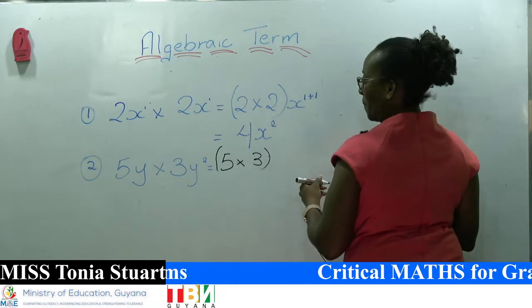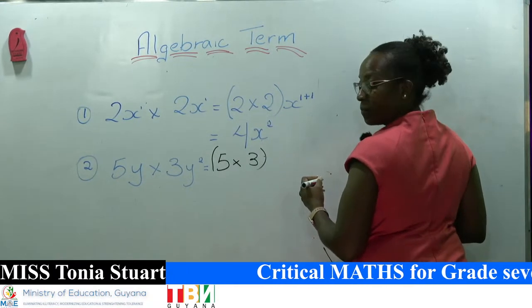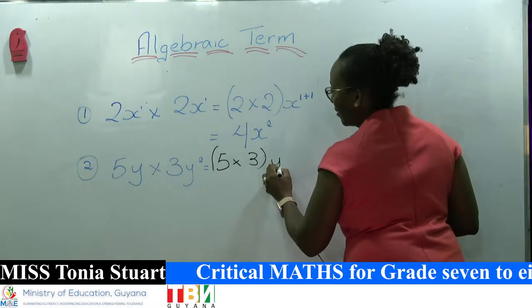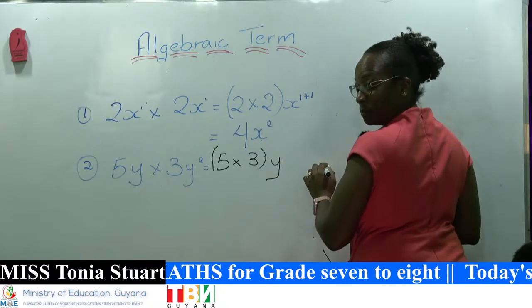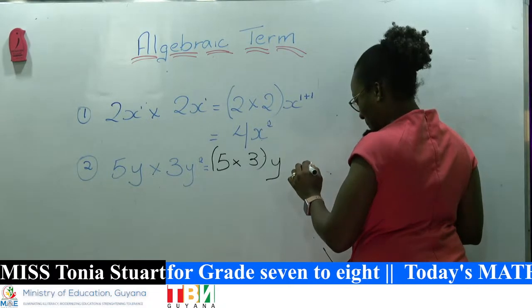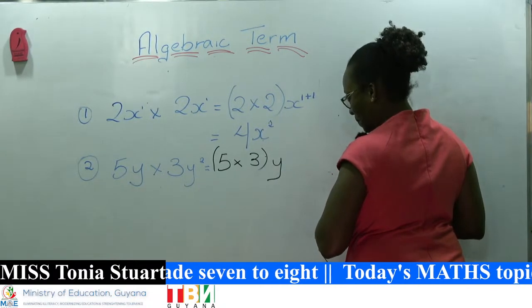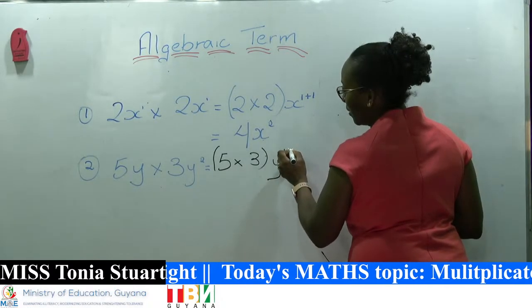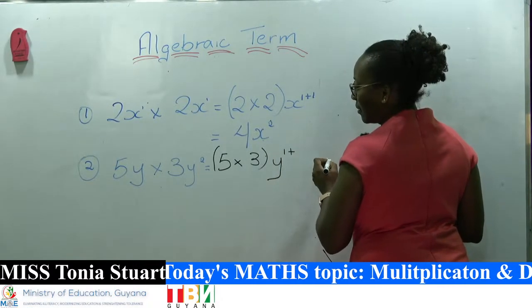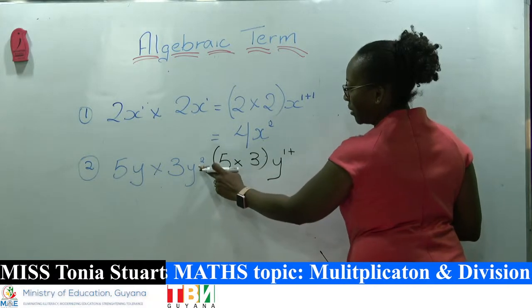Next. And then you put back the y. Y, because this is the only variable we're working with. Then 1 plus 1 of the y, plus the other y. What do you see there?